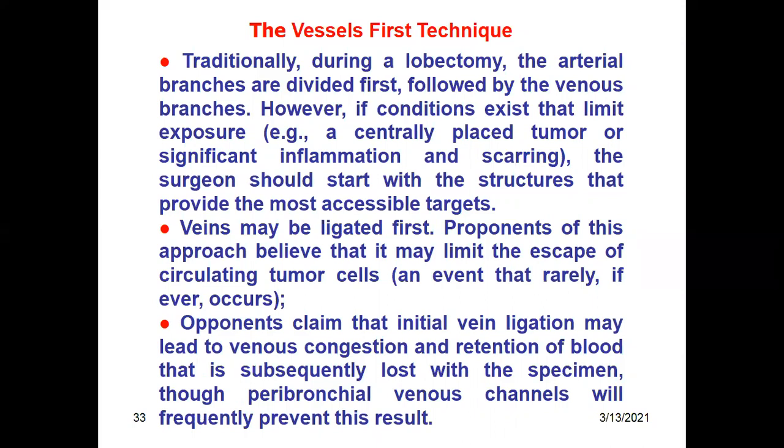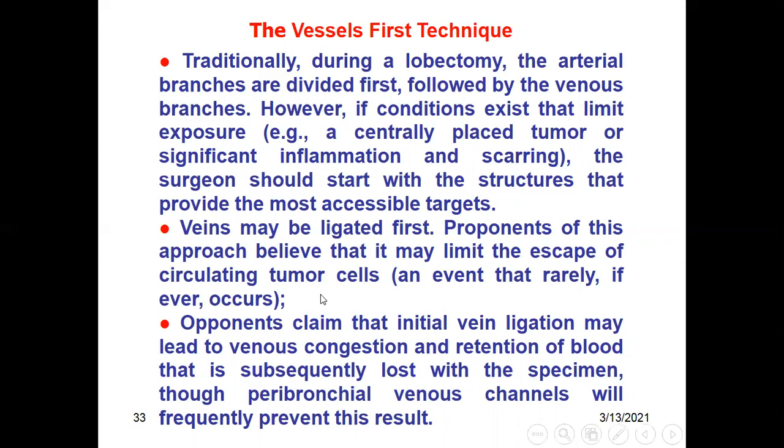Now, the vessels, which one comes first, the vein or the artery? Veins may be ligated first. The proponents of this approach believe that ligating the vein first may limit the escape of circulating tumor cells.